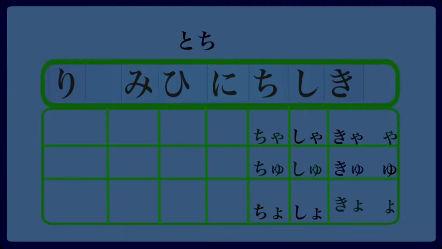When something happens on the way, we say tochu, on the way. The Japanese word that means direct or straight, chokusetsu.